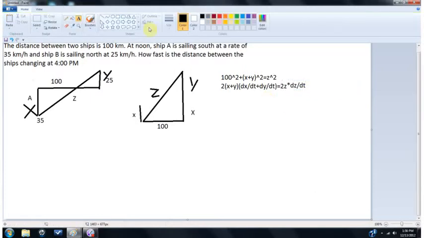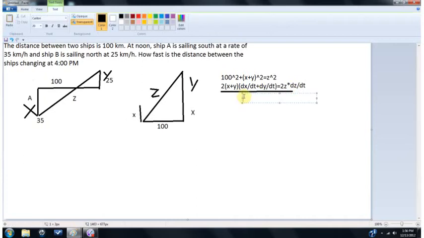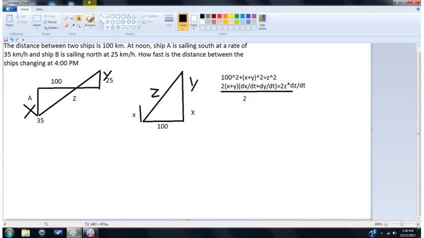So we want to isolate our z. So we simply divide by 2. And our 2's cancel.